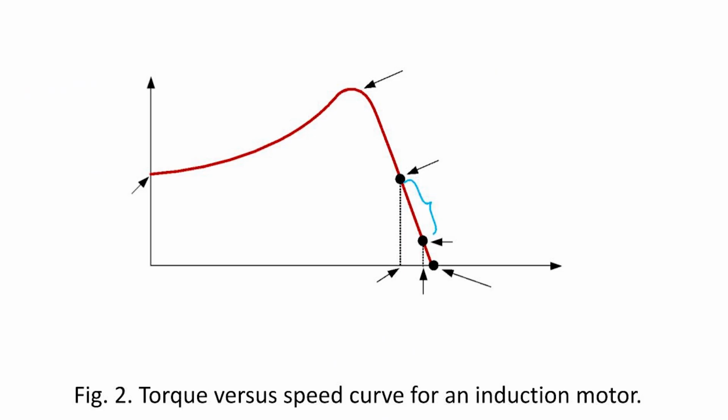The speed torque characteristics of the induction machine are shown here. In the low slip region or normal operating region, the torque of the motor is proportional to slip. So as the torque increases, the slip also increases. During low speed operation, the torque of the motor is inversely proportional to the slip.